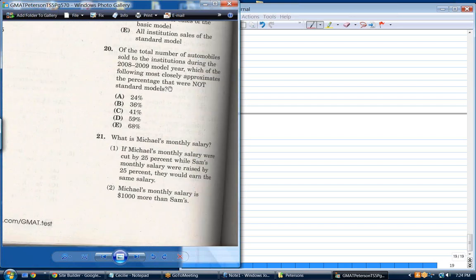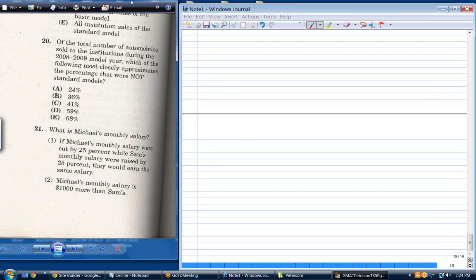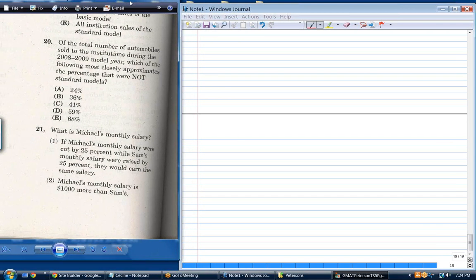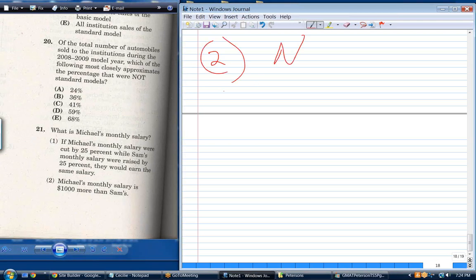All right, let's look at 21. What is Michael's monthly salary? Well, you can take number 2 and say no, because you have no idea what to calculate. I agree. And it's much easier to analyze 2 than 1.